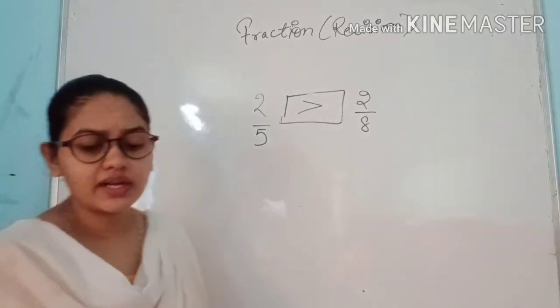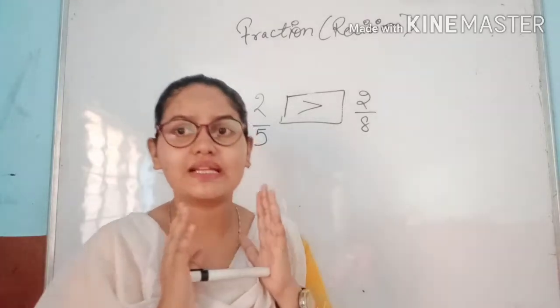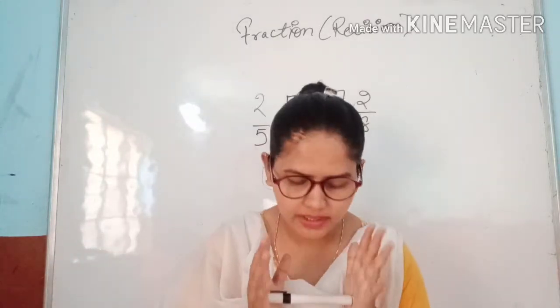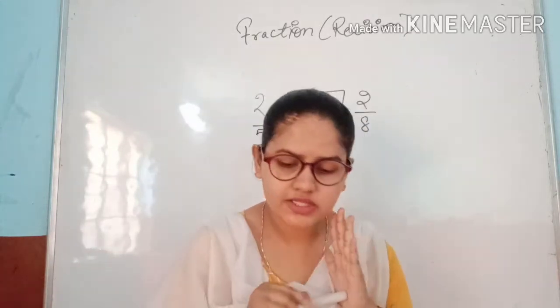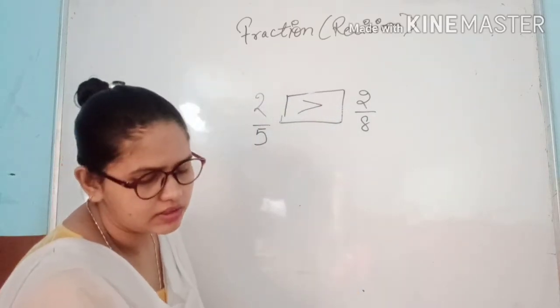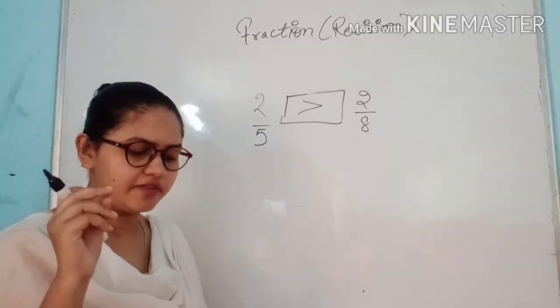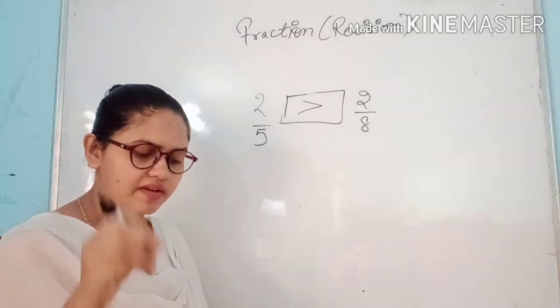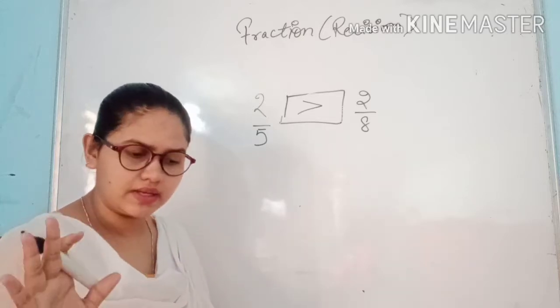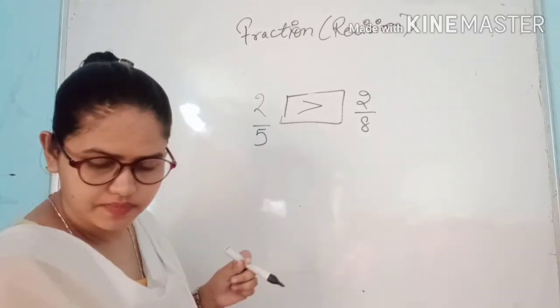So let's do our arrange in ascending order. Students, there is something you have to learn about it. The first equation is 2 by 5, 2 by 8, 2 by 7, 2 by 10, 2 by 3.